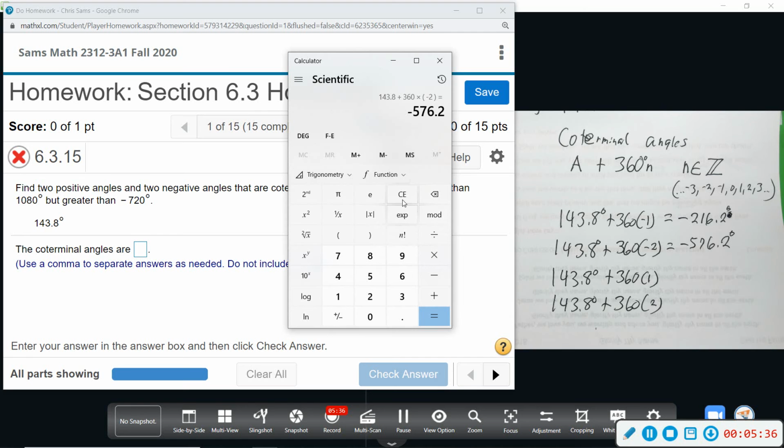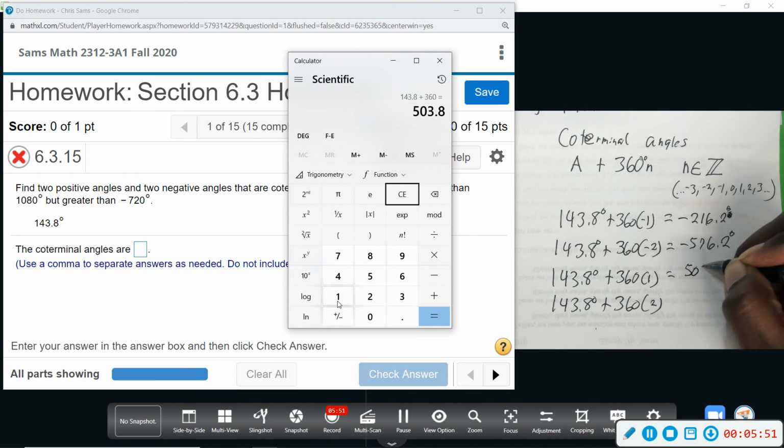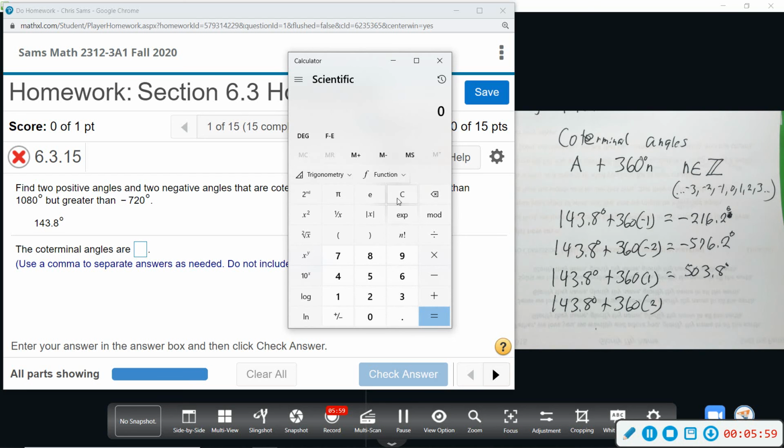Now we're going to do plus 360. 143.8 plus 360. I'm not going to do times 1 because it's the same thing. That gives me 503.8. And then one more: 143.8 plus 360 times positive 2. We get 863.8.